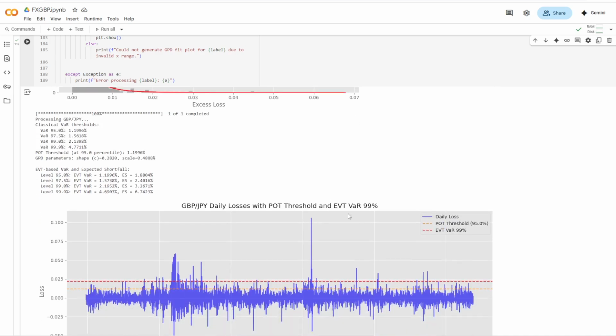And here pound yen, the VAR 95 already is 1.2%, the expected shortfall is 1.88%.